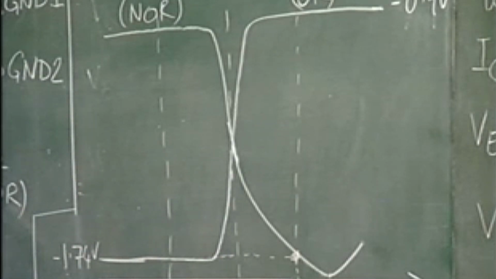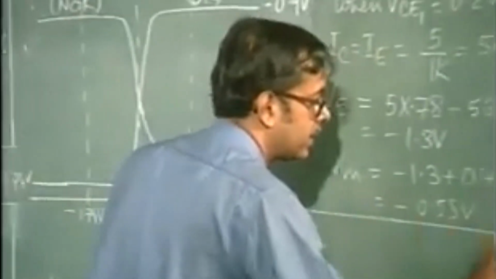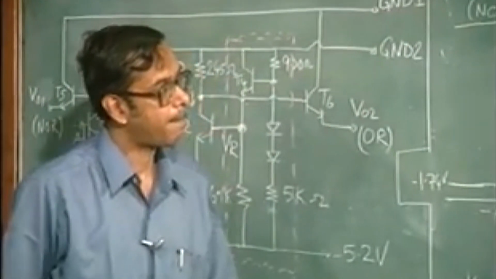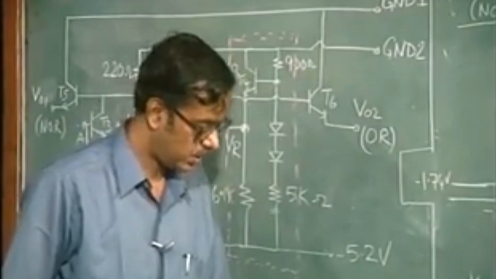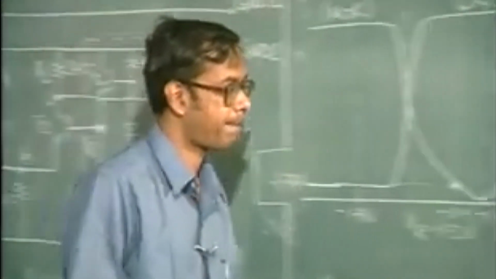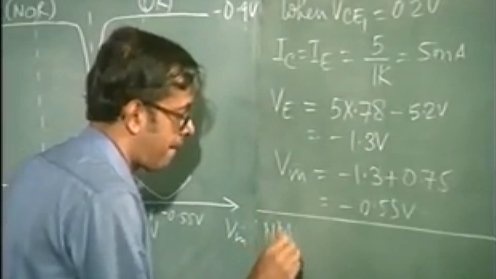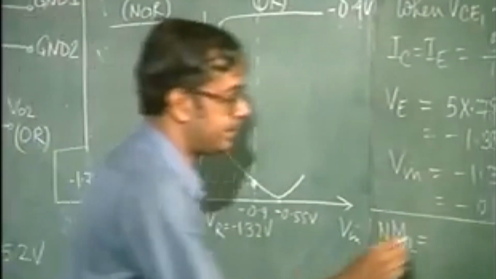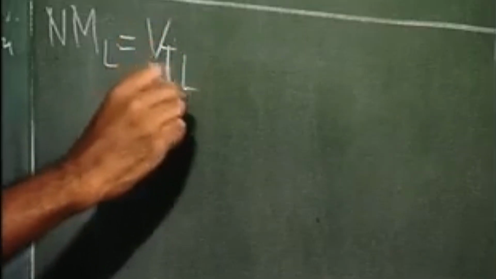Now, for this circuit, what is the noise margin? Let us take it up. The next thing, from the input output characteristics, you can calculate the noise margin. The noise margin low is VIL minus VOL.